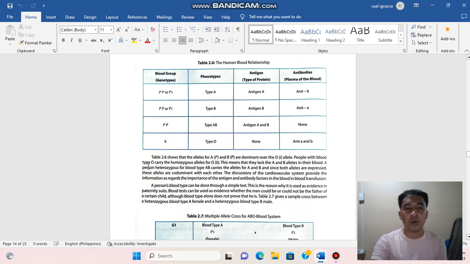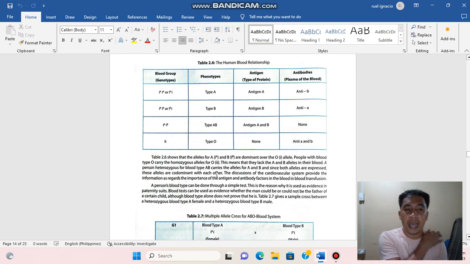People with blood type O carry the homozygous alleles for O. This means that they lack the A and B alleles in their blood. A person heterozygous for blood type AB carries the alleles for A and B, and since both alleles are expressed, these alleles are what we call co-dominant with each other. That is why type AB is an example of co-dominance.